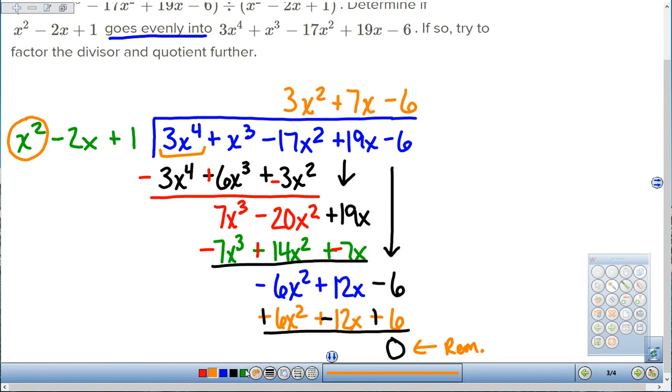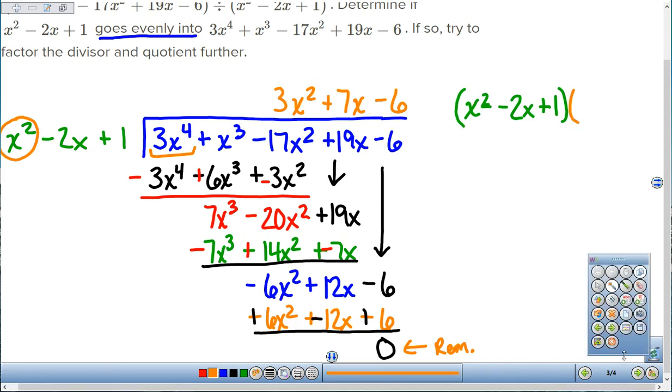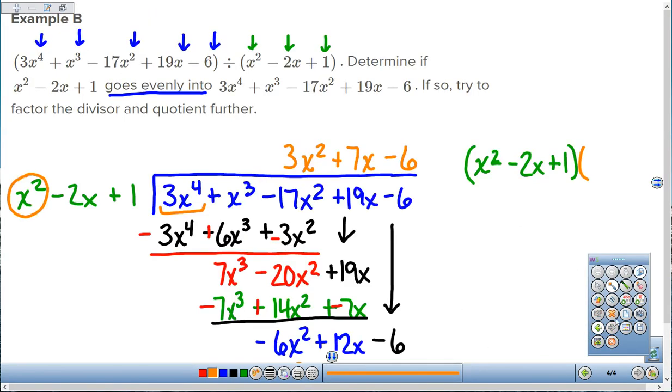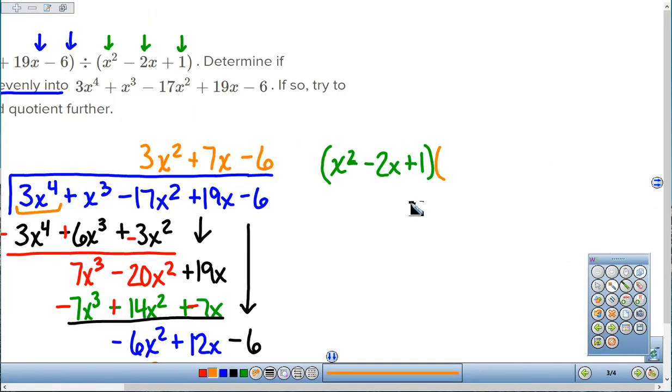My two factors so far are x squared minus 2x plus 1, and my quotient, 3x squared plus 7x minus 6. These are both factors of the original polynomial.